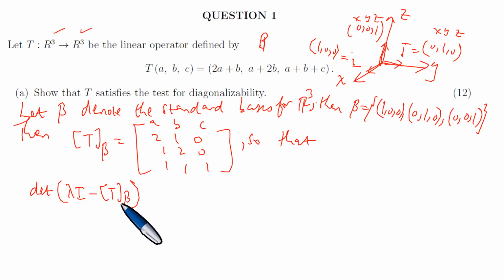This is how it is for diagonalizability: you take the linear operator and convert the function to a matrix. Looking at this, the A has coefficient 2, B has coefficient 1, C has coefficient 0, because there's no C in the first component. The second component has A coefficient 1, B coefficient 2, C coefficient 0. The last one is 1, 1, 1.